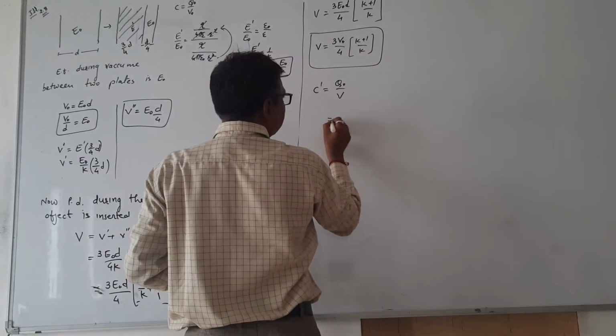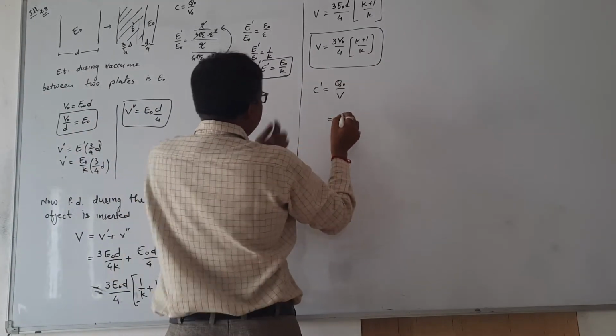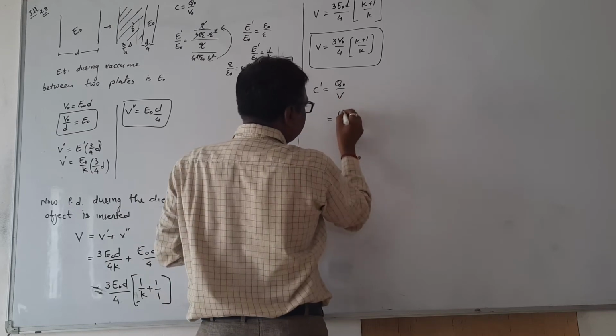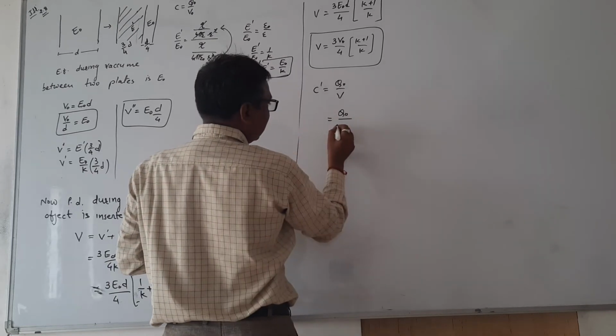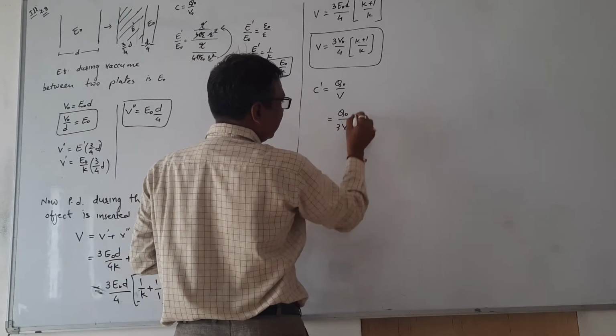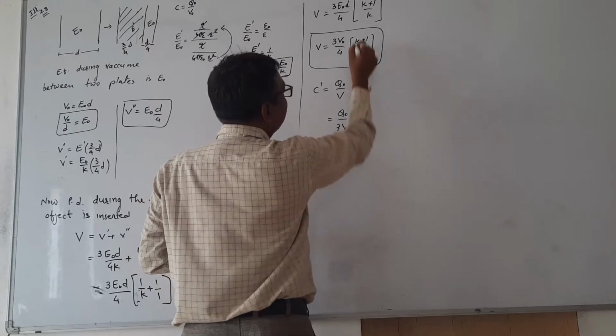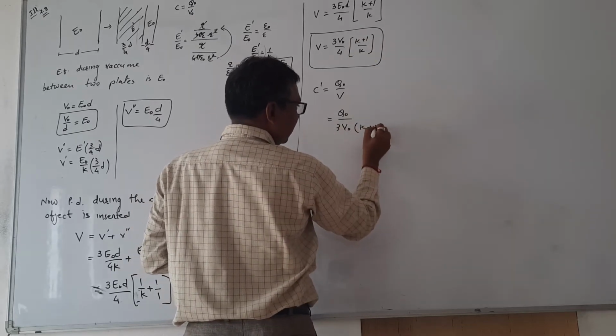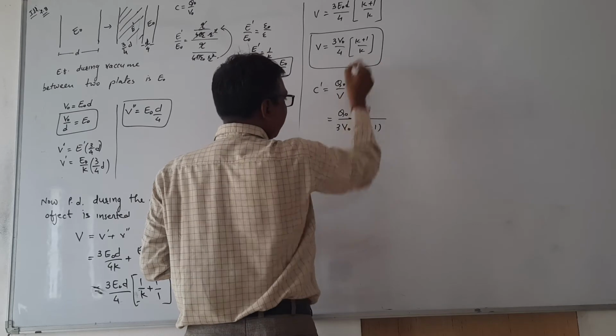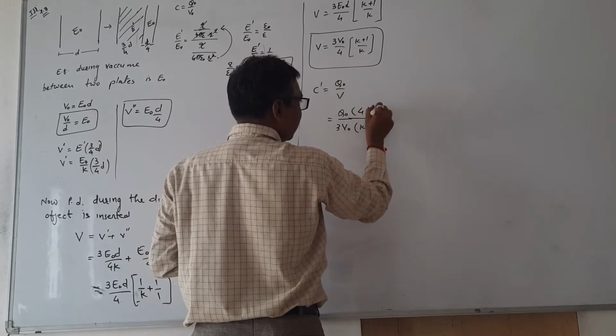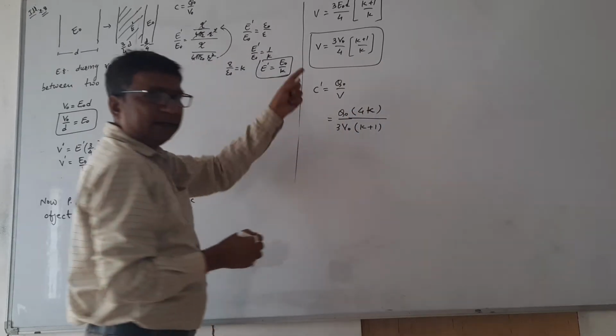So now you can see Q0 upon V, meaning 3 V0 times (K plus 1) in the denominator and 4K, which will go upside.